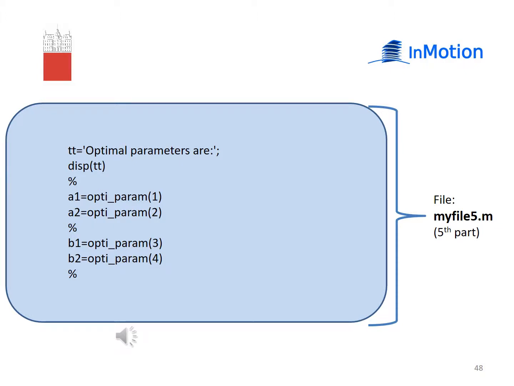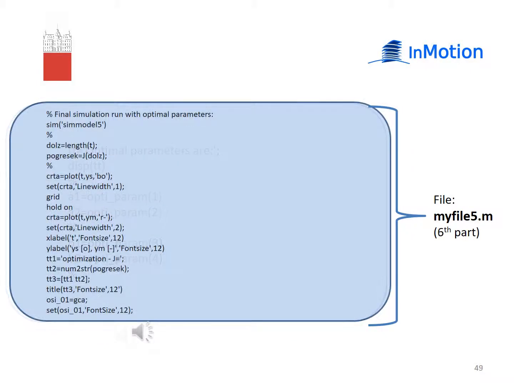When the optimization procedure is finished, optimal parameters are displayed in the MATLAB command window. Responses of the final result are plotted again.